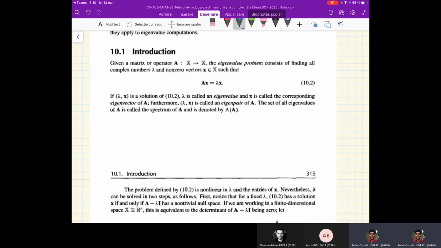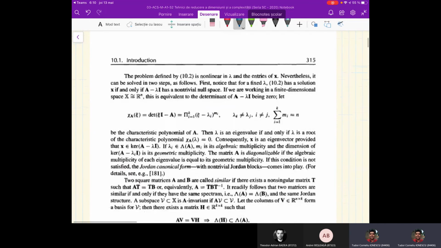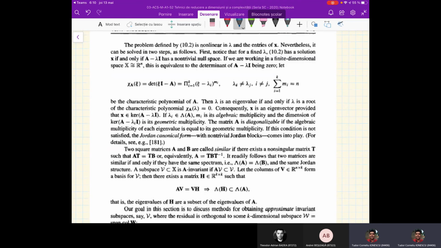And lambda and x is called the eigenpair of the matrix A. Okay, the problem is nonlinear in lambda and in the entries of x. Nonetheless, it can be solved in 2 steps as follows, it says here. First, you note that for a fixed eigenvalue, A minus lambda I has a non-trivial null space or kernel, of course.